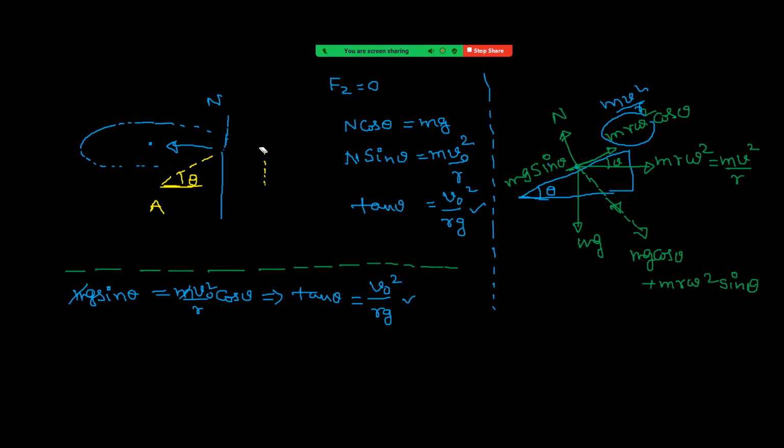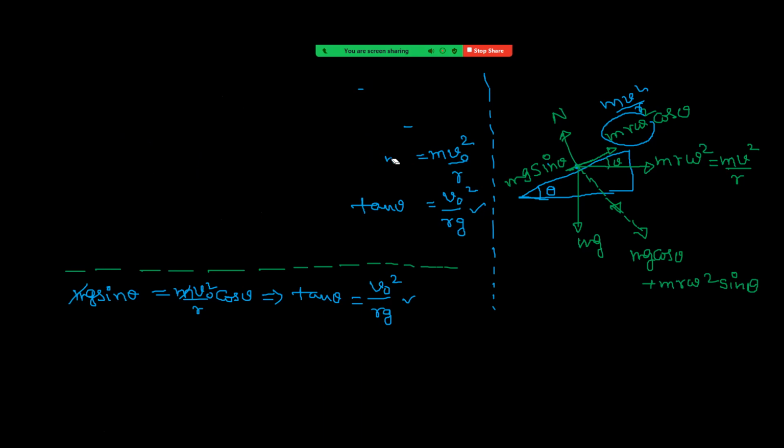Let us make a diagram here. So we are taking velocity greater than V naught. Then the vehicle has a tendency of slipping up the road.